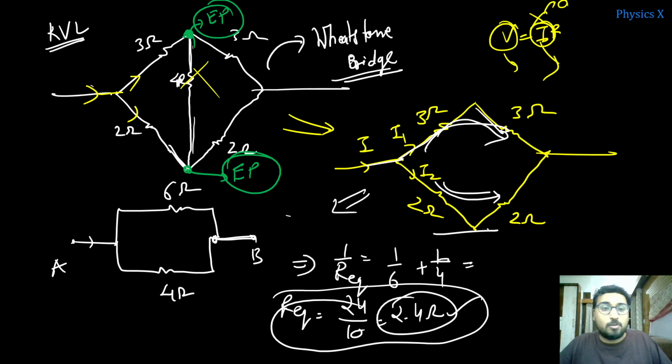If the potential is the same, there is no electric potential difference, and that condition for the flowing of current is not maintained. That is why no current is observed in this branch, right? So this is how you solve questions.